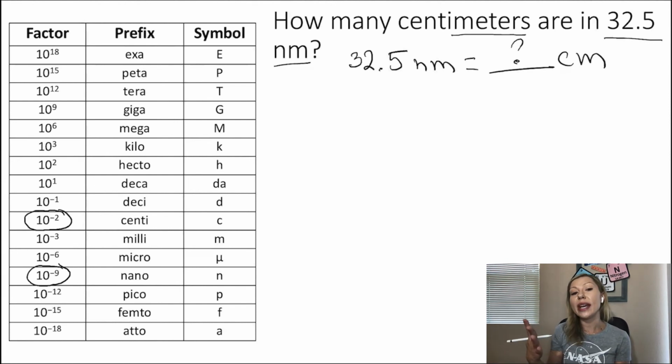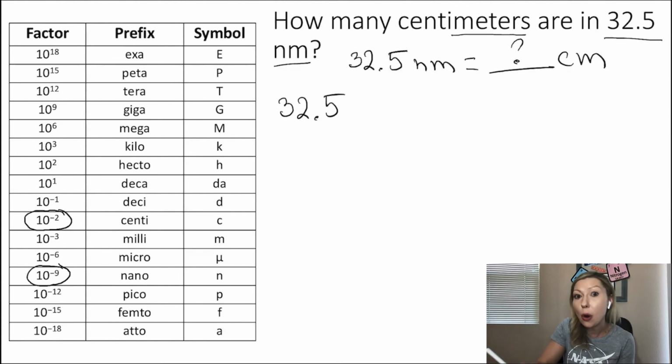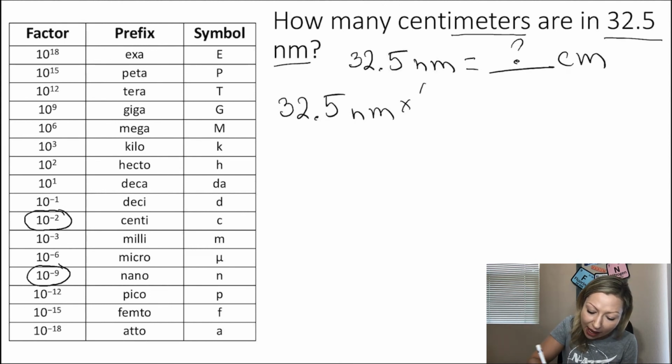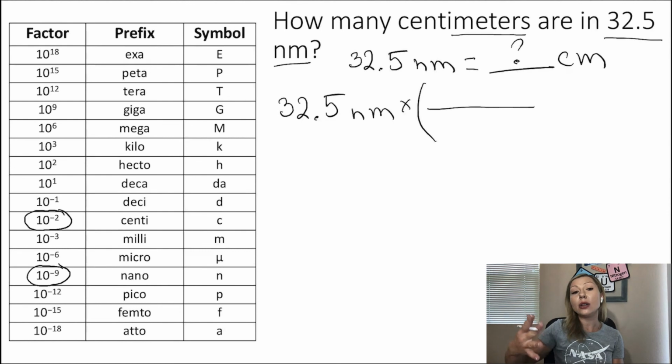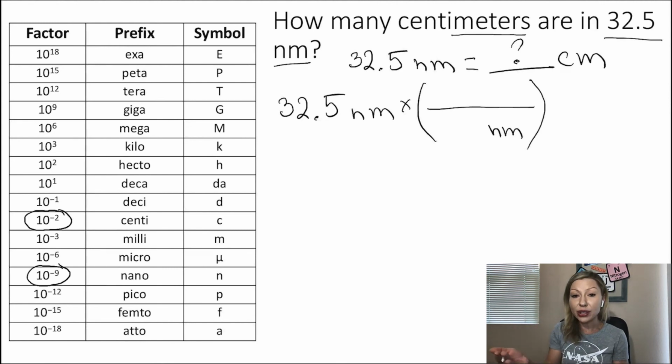And we can do this calculation in two different ways. I'm going to show you both. First of all, I can use conversion factors to do so-called dimensional analysis by starting with nanometers and canceling the nanometers out using a conversion factor. Because I'm canceling out the nanometers, I have to have the same unit on the bottom in my fraction, and meters are the base units, so I'm going to put the meters up here.